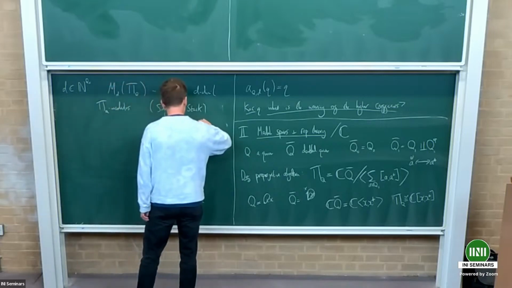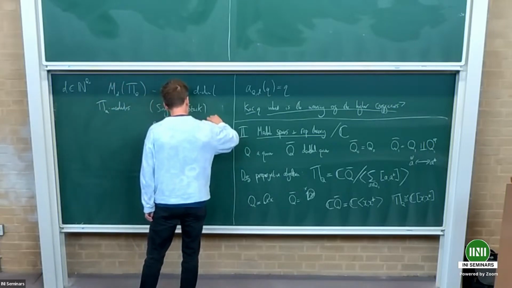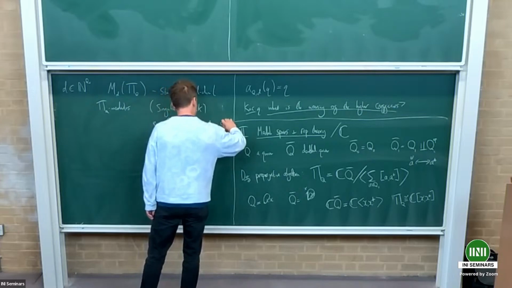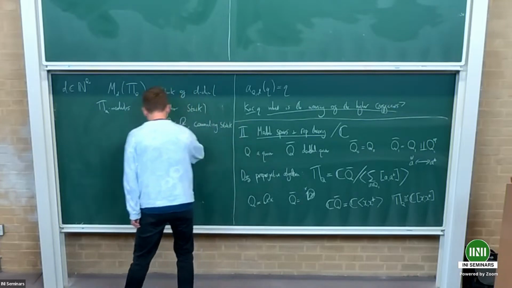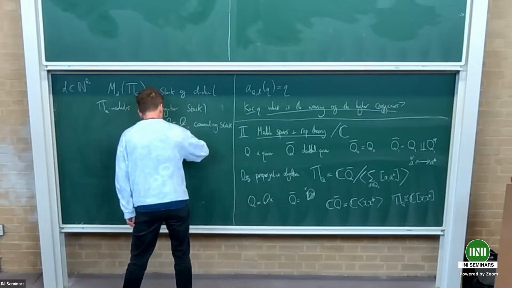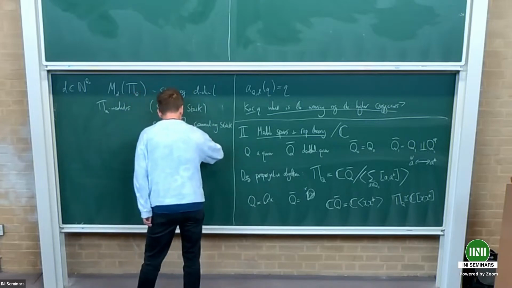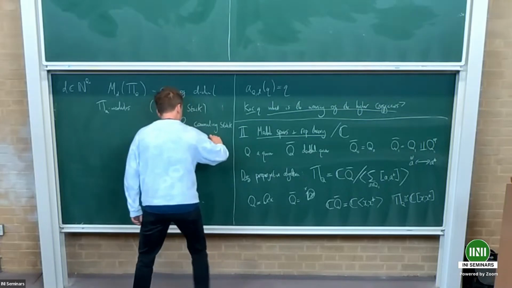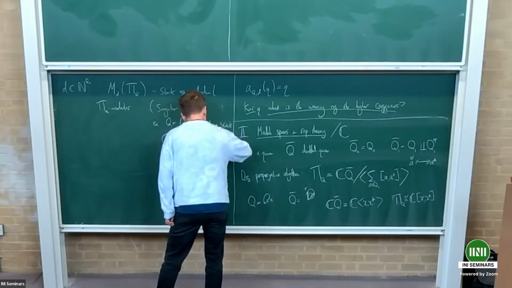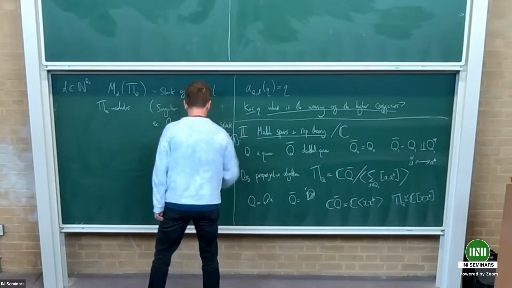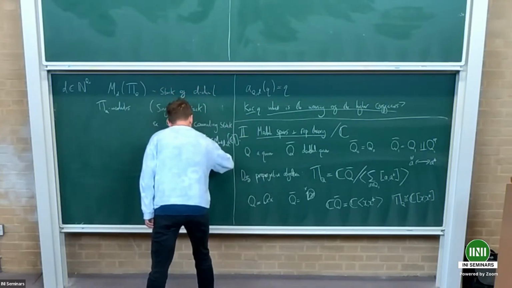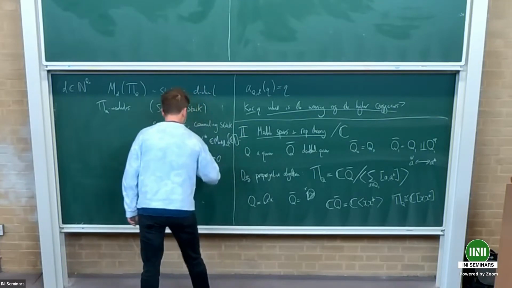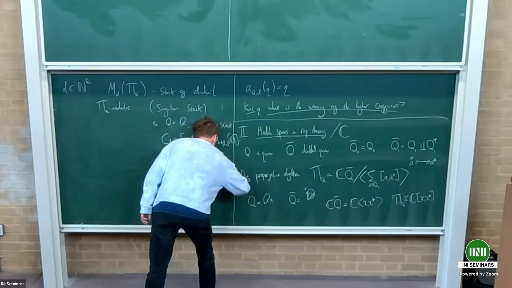This is what's called the commuting stack: pairs of matrices X and X star such that these matrices commute, and I quotient the whole thing by GL_d.